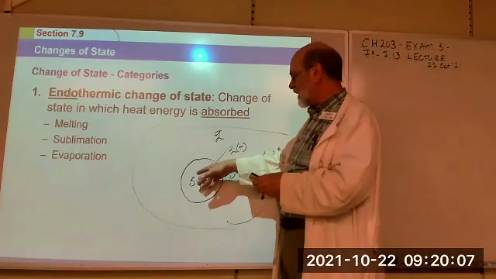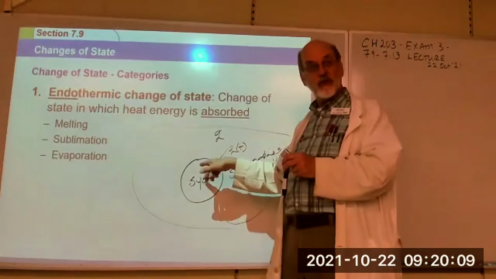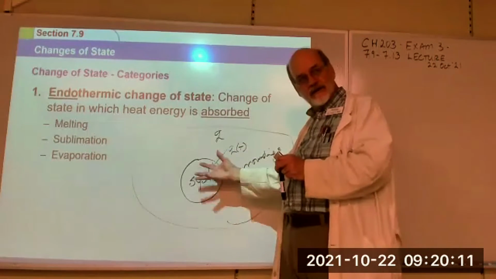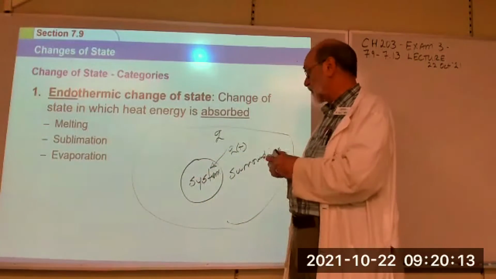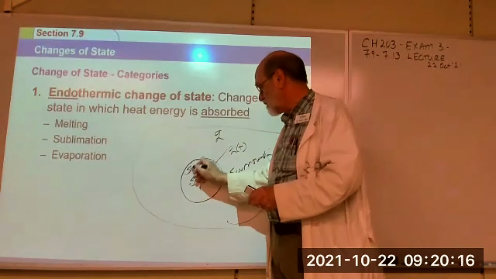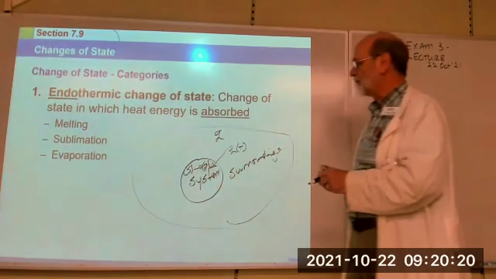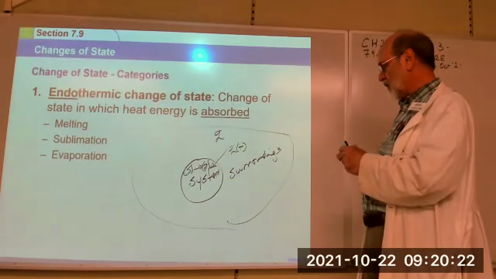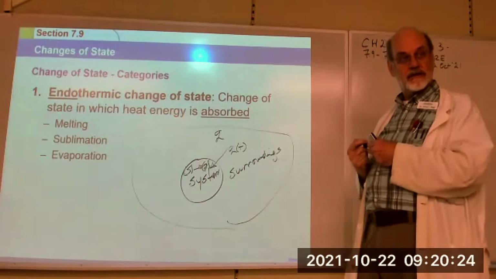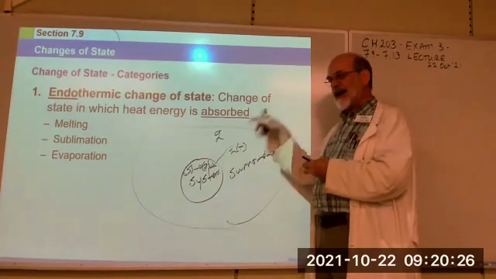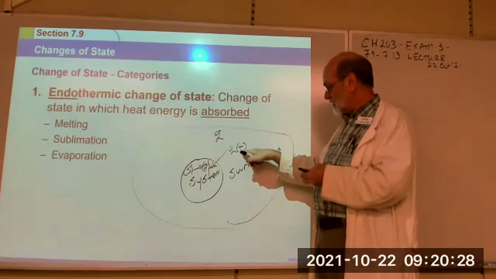If this is a solid, it goes to a gas, it still has to absorb heat to change phase into a gas. Or evaporation, if it goes from a liquid to a gas. And you always have to add heat, and it's a positive value.